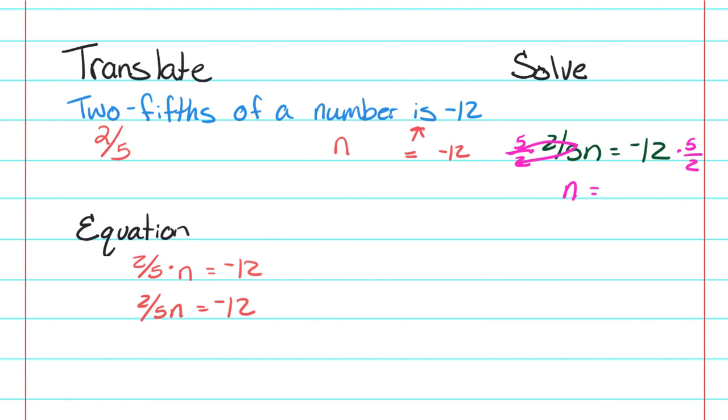To figure out what this is over here, I can make any number a fraction by putting it over 1. Negative 12 times 5 gives me negative 60, and 1 times 2 gives me 2. 2 goes into negative 60 negative 30 times. So n equals negative 30.